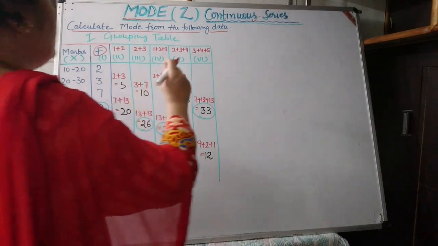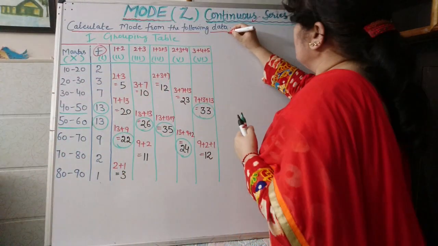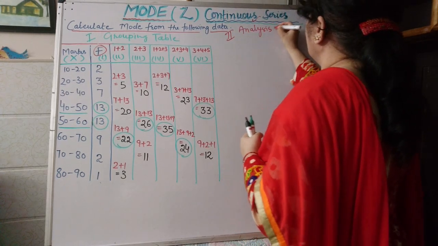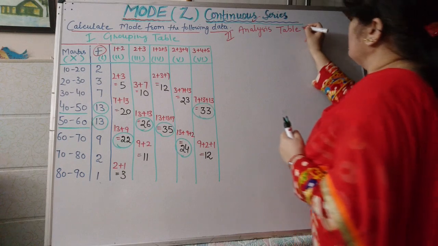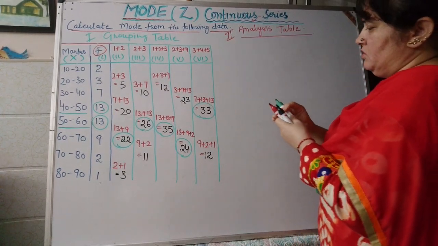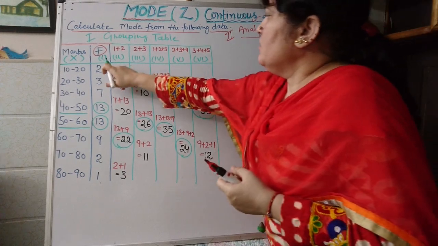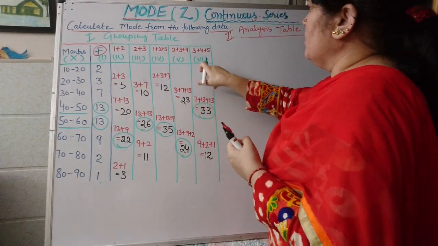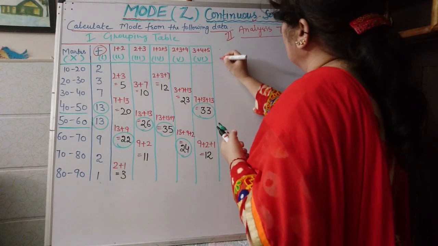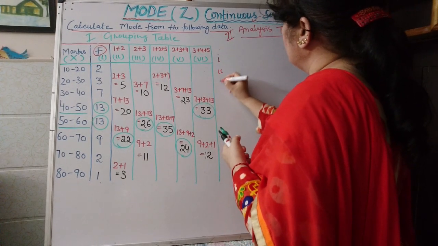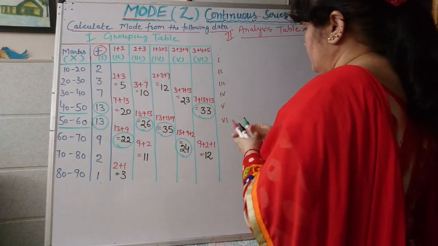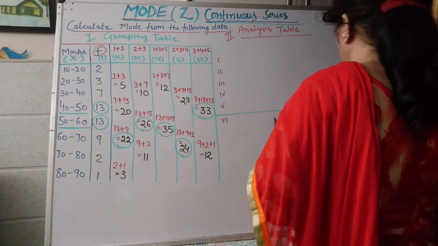And now let us prepare the second, analysis table. For the preparation of the analysis table, let us convert. Initially these were the columns. Columns will be converted into rows: first row, second, third, fourth, fifth, sixth. These are the rows.